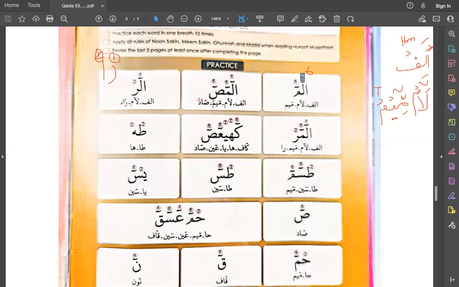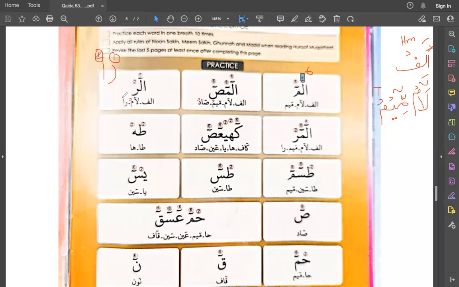Alif, lam, ra. Which rule will be applied here? There is mim with sukoon at the end, and there is ra in the beginning. So there will be idhar shafawi. So you will say mim very clearly. Alif, lam, mim, ra.